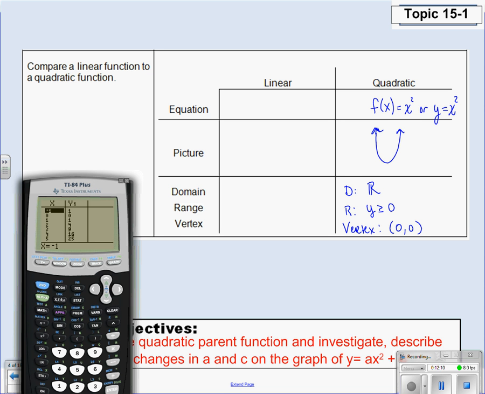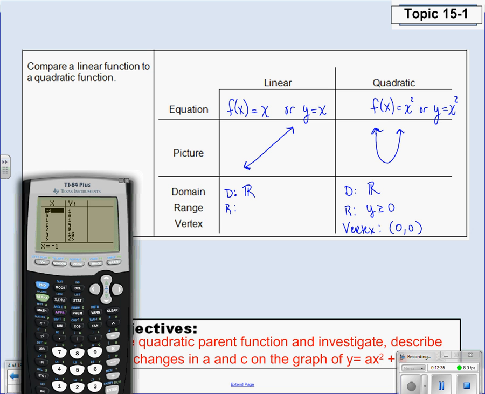If I think of linears, our linear equation, we recalled from our Bell work, was f of x equals x, or you might see it as y equals x. The picture is a positive slope line. We have arrows going on. The domain for the line, notice all the x values are being used and all the y values are being used.